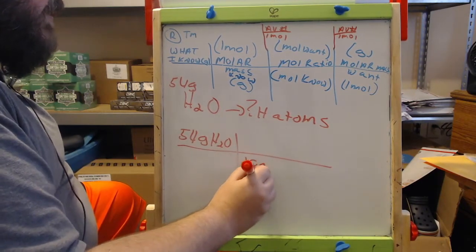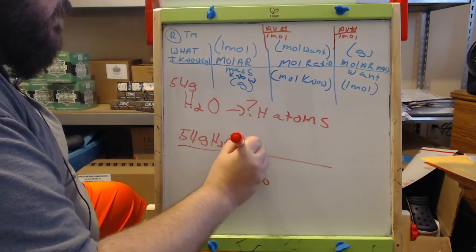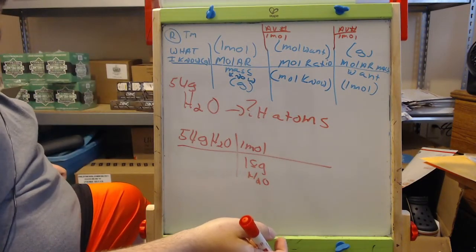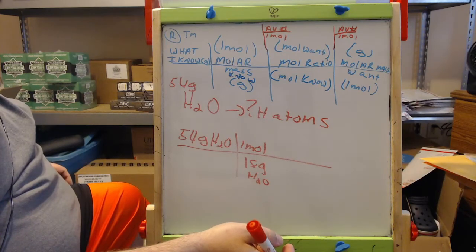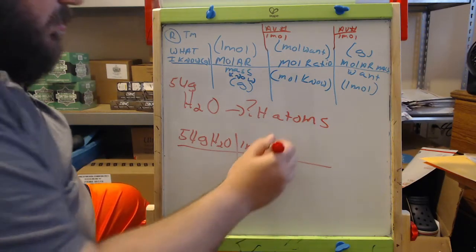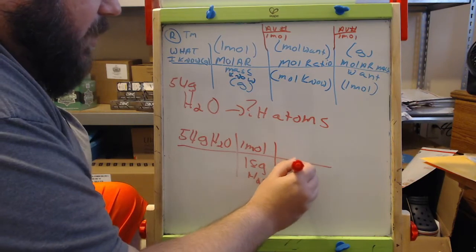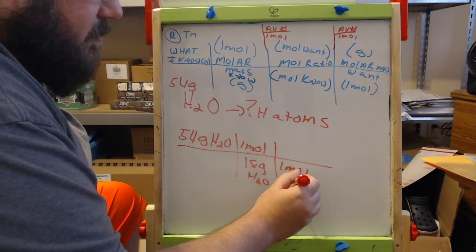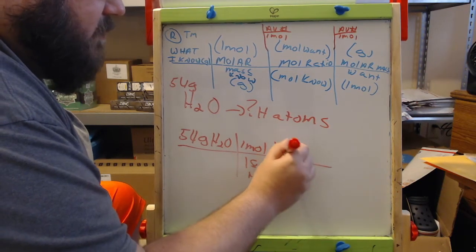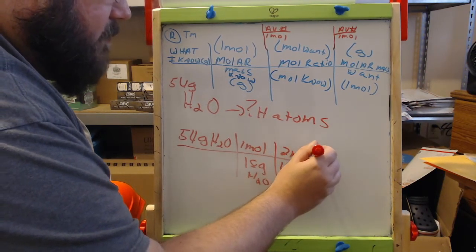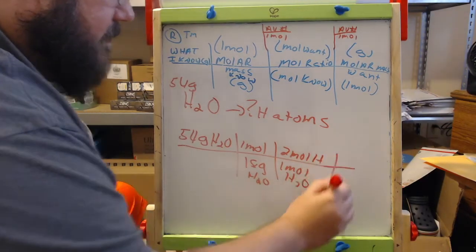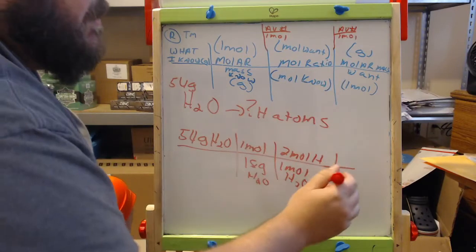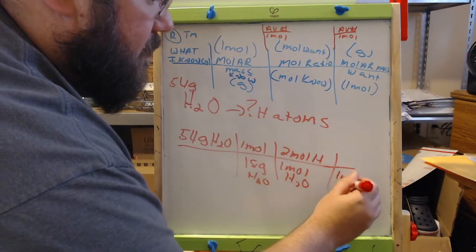Water has a mass of 18 grams per 1 mole. For every 1 mole of water, the ratio is 2 moles of hydrogen, because the subscript tells us. And now I want to know how many atoms. That's an Avogadro's number indicator.